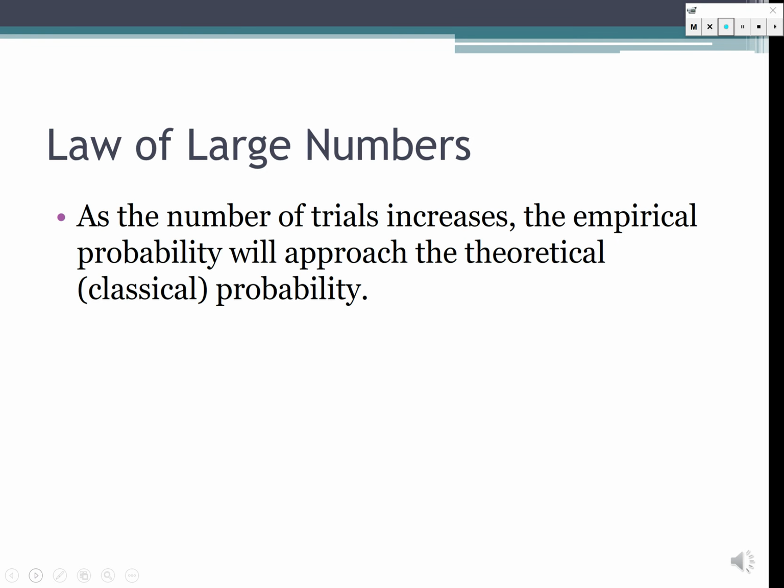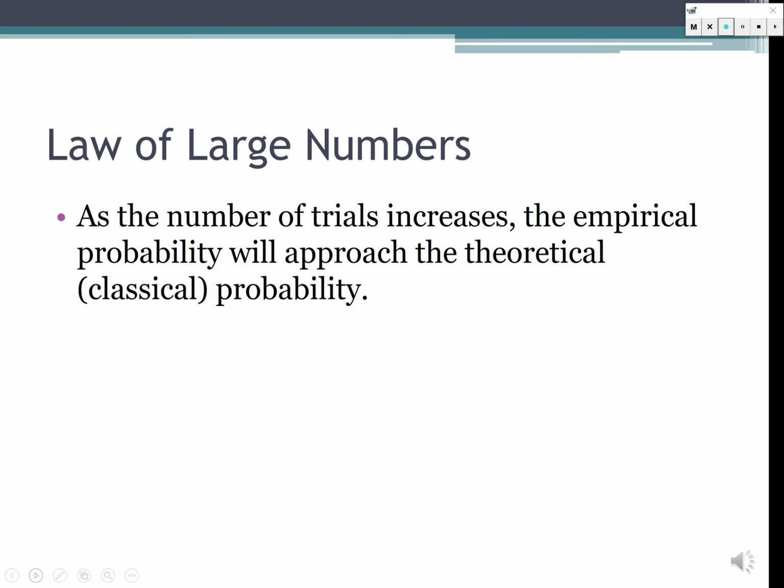Law of large numbers. I'm just going to sum it up here. Make sure that you do read the section, and that's part of what I ask you to do for the assignment. As your number of trials increases, your empirical probability, so what you get from actually doing the experiment, will approach your theoretical probability.